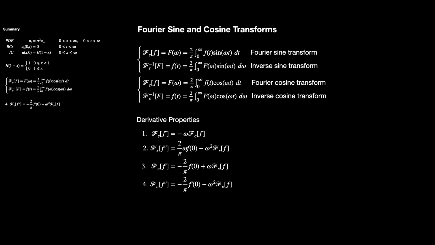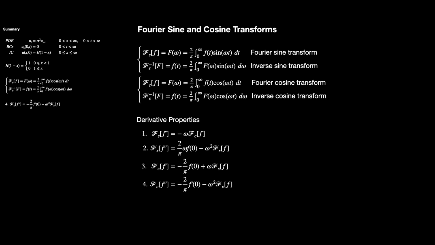Now, since u sub x equals 0 is our boundary condition, we want to choose a transform that allows us to make use of that. The best one here would be the cosine transform, because of the derivative property, where the Fourier cosine transform of f double prime is equal to negative square root of 2 over pi times f prime at 0.